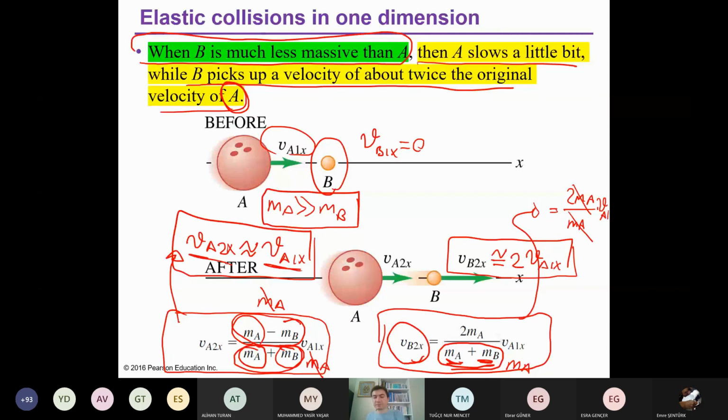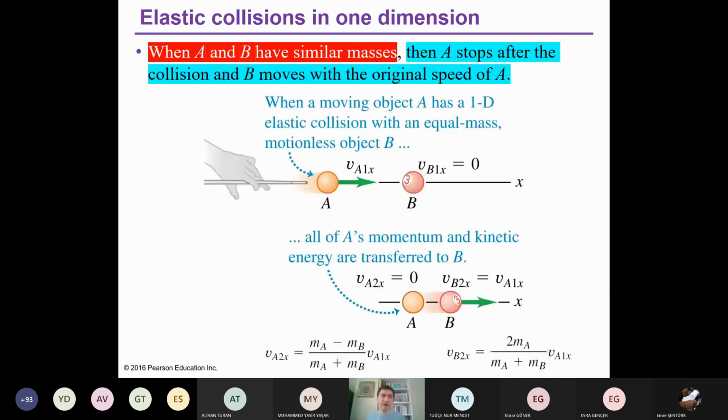Now let me discuss the final condition. In this final condition, the A ball and B ball have similar masses. You can consider that MA is more or less equal to MB. We have a certain velocity of the A ball before the collision, and before the collision, the B ball is at rest. It has no velocity.